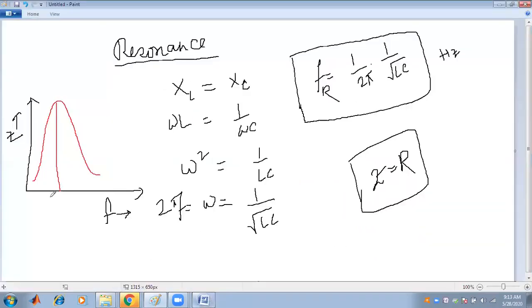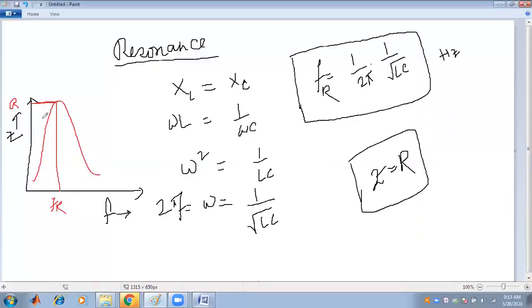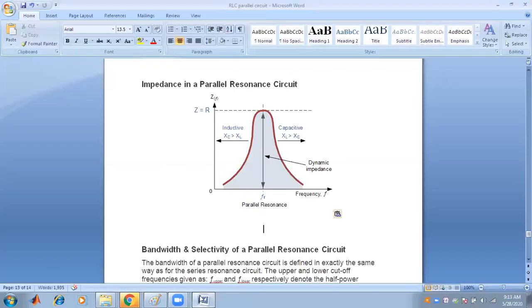This is called the resonant frequency or FR. The top value will be given by V by R. This side is the inductive part, and this side is the capacitive part.